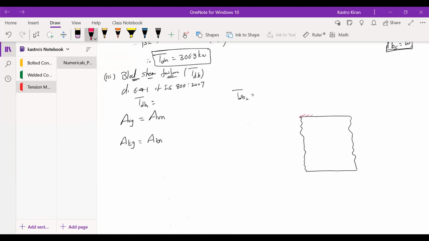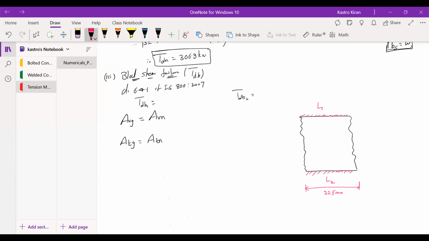So this entire portion is the length of the weld at top and the length of the weld at bottom. Consider this as L1, which is the length at top, and this as L2 for the time being. So the total or average length is taken as 225 mm.